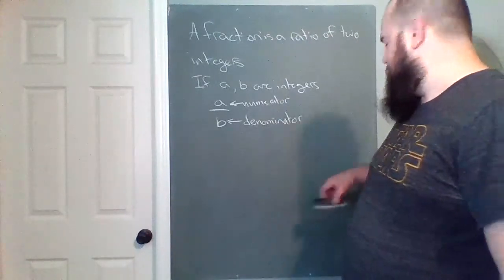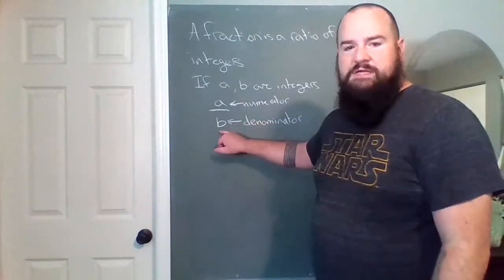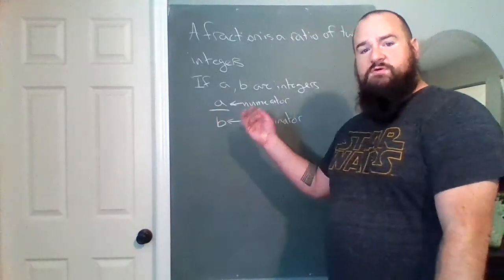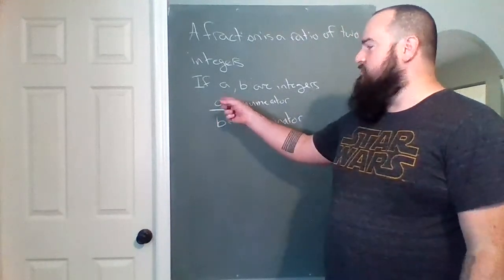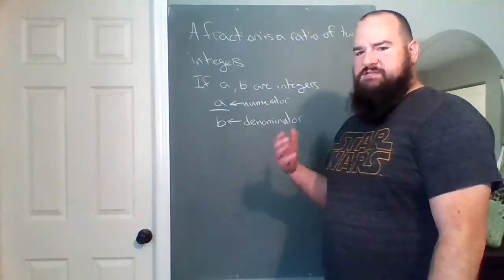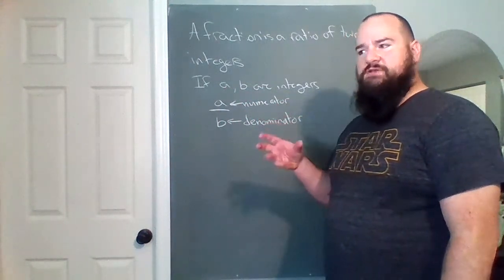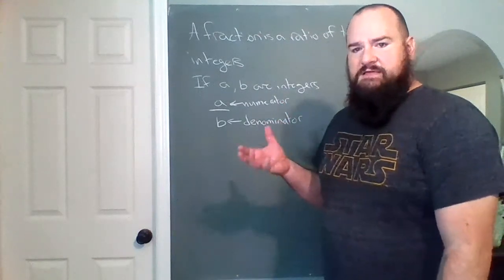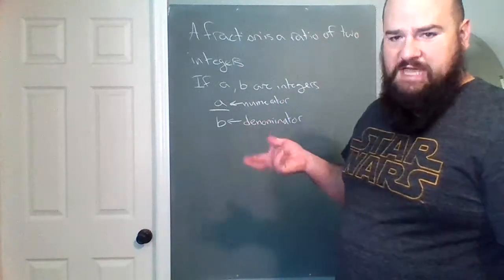When we think about these, the denominator tells us how many parts the whole thing is broken into, and the numerator tells us how many of those parts we get. And if we can think about fractions like that, some of these weird fraction situations can make a lot of sense. They can be very clear, like, oh, okay, I get what's happening there.